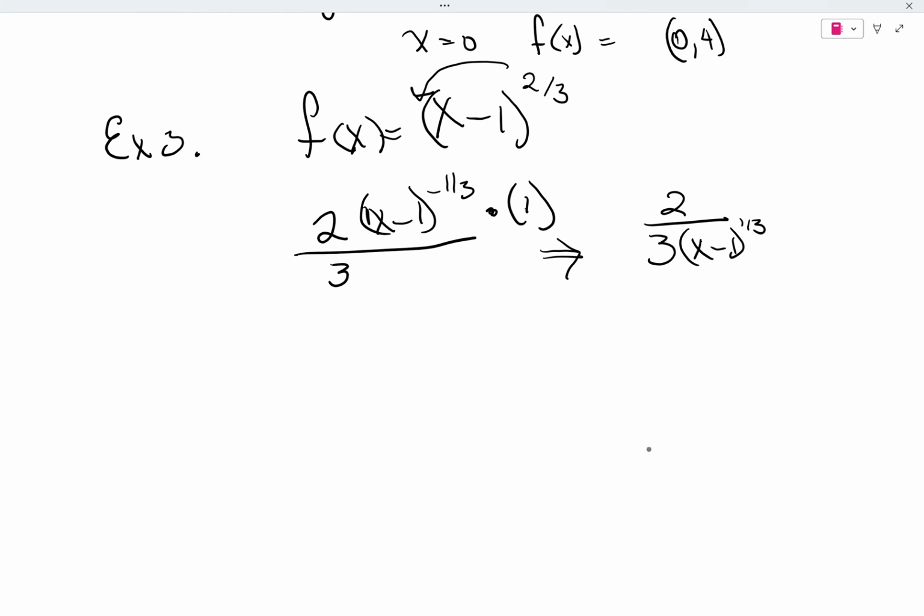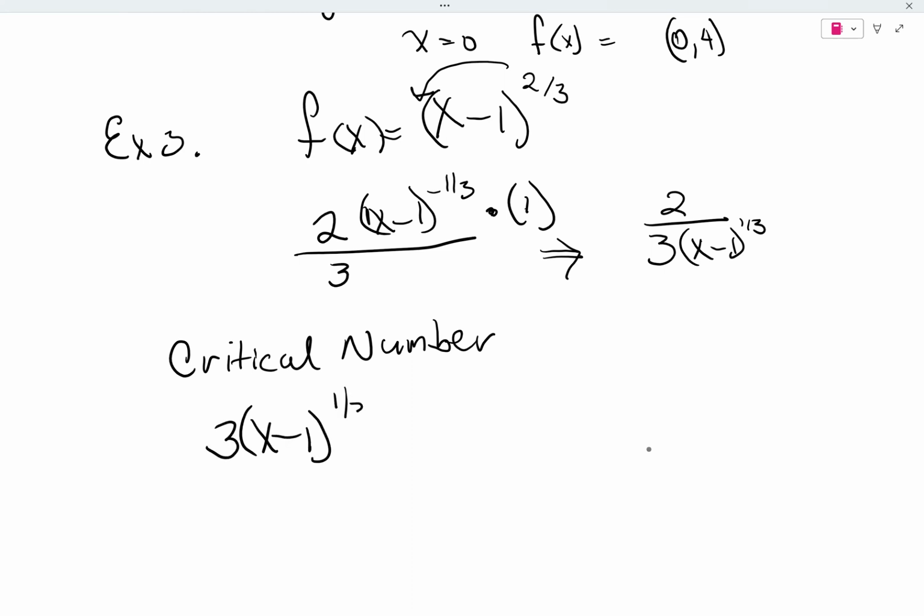So if I look at this denominator, this is for the critical number. That means that we're going to take 3 parentheses x minus 1 raised to the 1/3, and we're going to set it to 0.